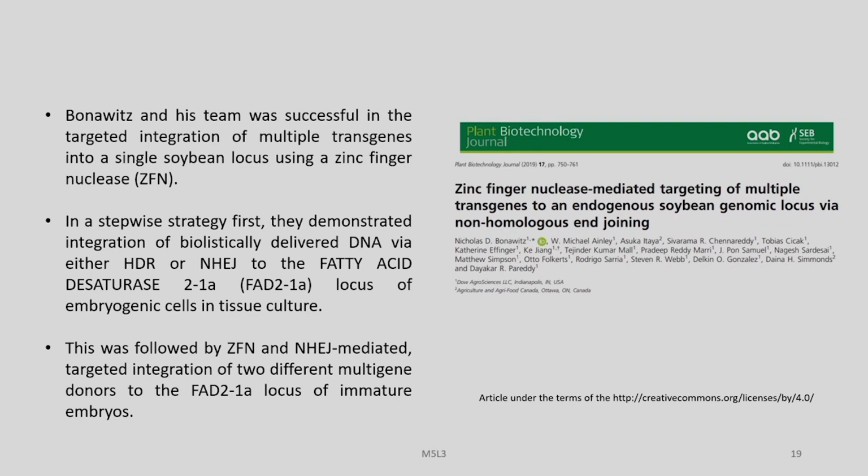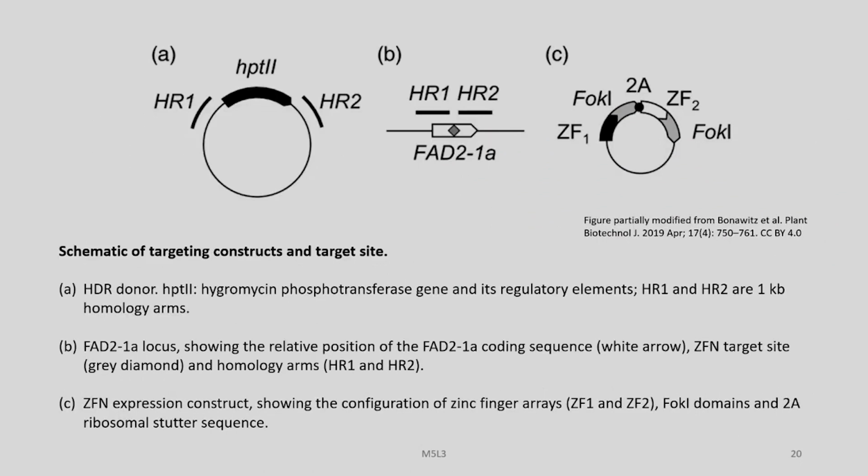They carried out this work in a stepwise manner, and as a strategy, first they demonstrated integration of biologically derived DNA via either HDR or NHEJ to the fatty acid desaturase 2-1A locus of embryogenic cells in tissue culture, and this was followed by ZFN and non-homologous end joining mediated targeted integration of two different multigene donors to the FAD2-1A locus of immature embryos. So, these are some of the schematics of the targeting constructs and target site.